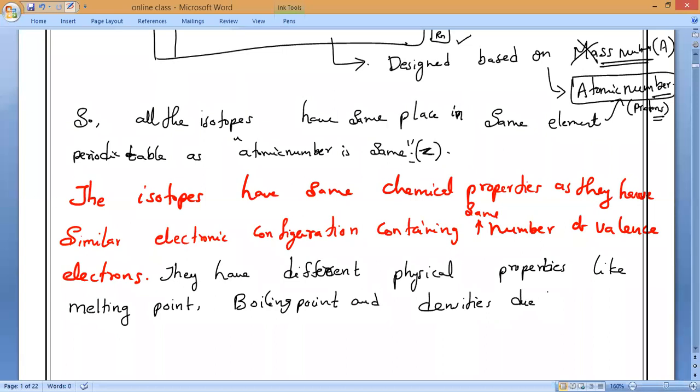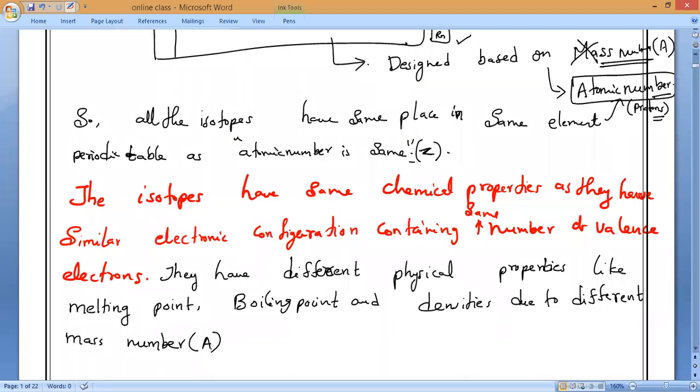Density is due to what? Atomic number or mass number? Due to different mass number. Keep it in mind, physical properties depend on mass number.